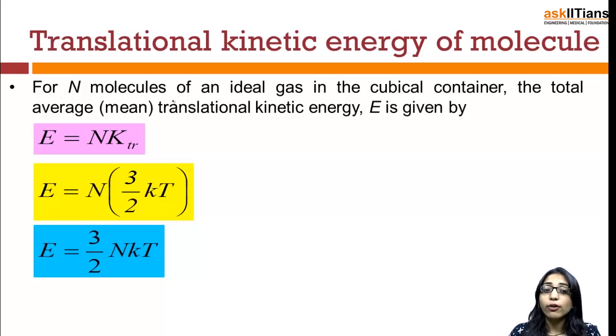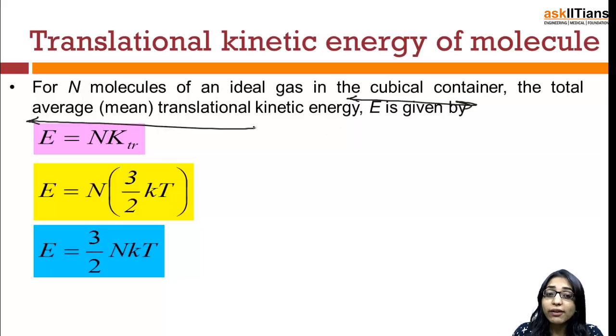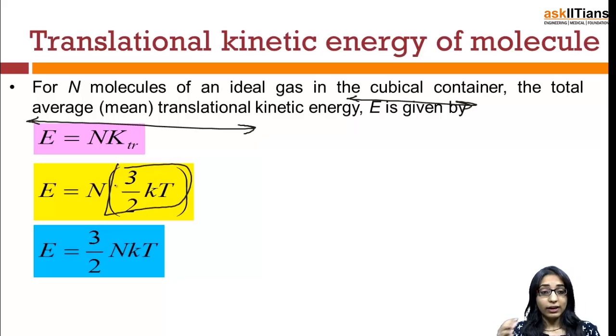For n molecules of the ideal gas in a cubical container, as we had taken earlier, we just found the average kinetic energy for one particular molecule, which I wrote as 3 by 2 kBT. If there are a total of n molecules and you want the total average translational kinetic energy, you multiply by the factor of n.